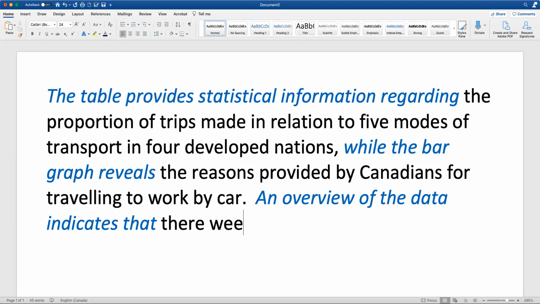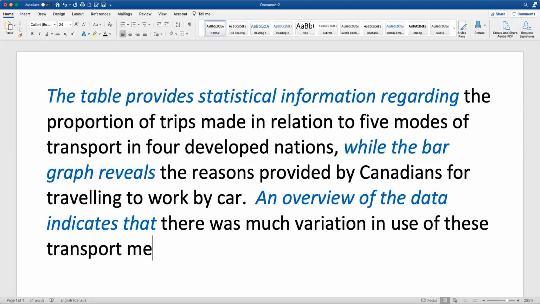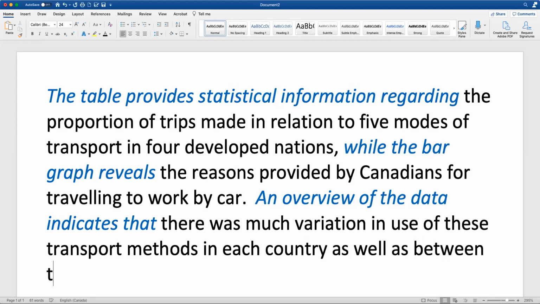simply there were, or so that's better, I like to say actually, there was much variation in use of these transport methods in each country, as well as between the reasons.